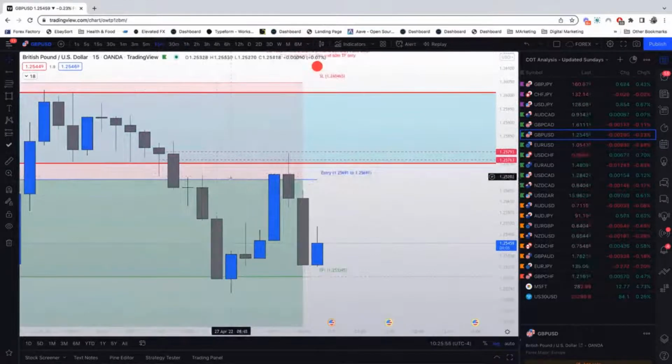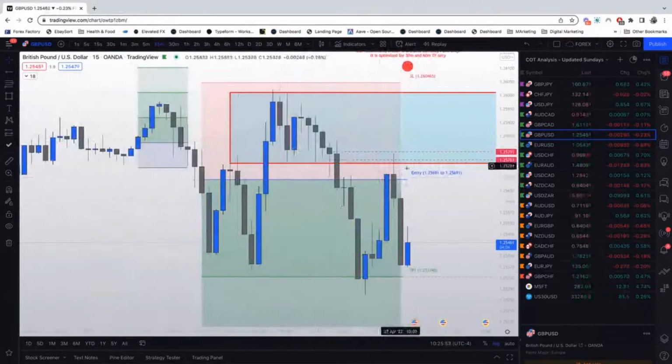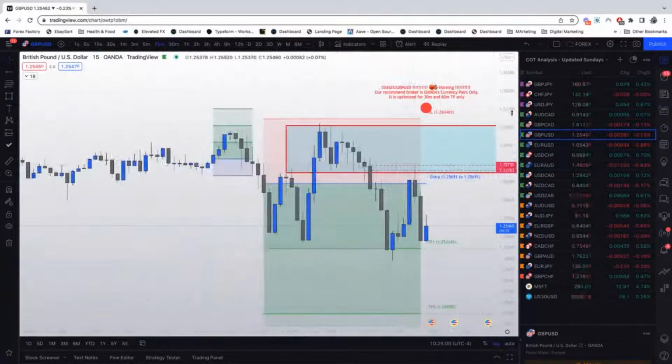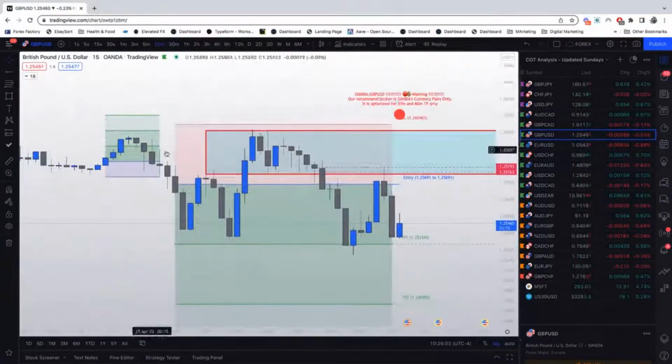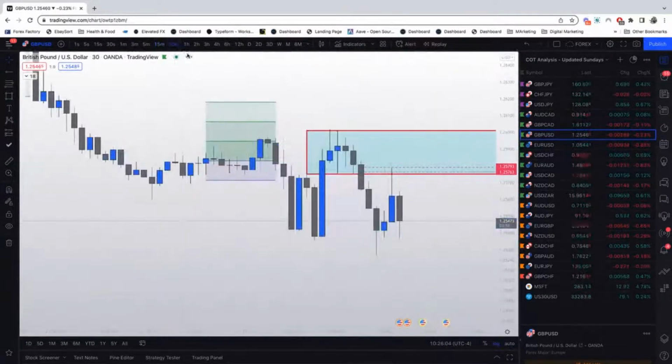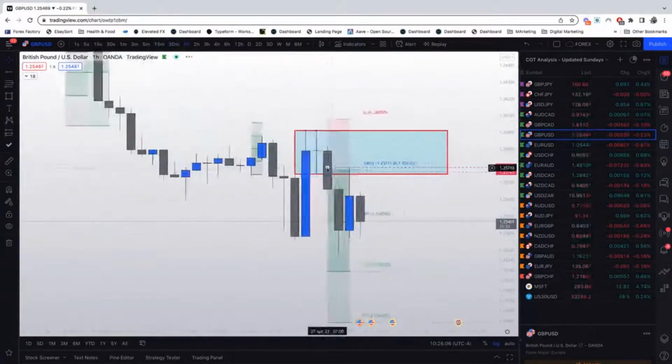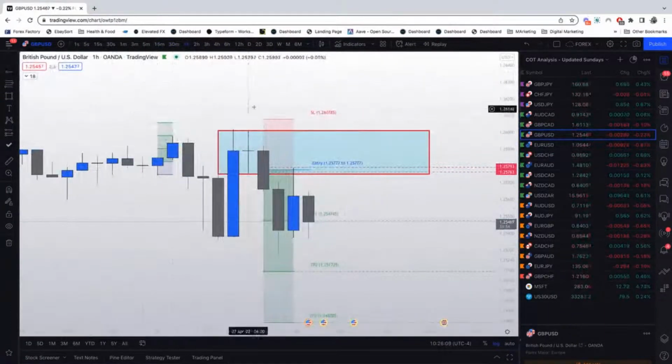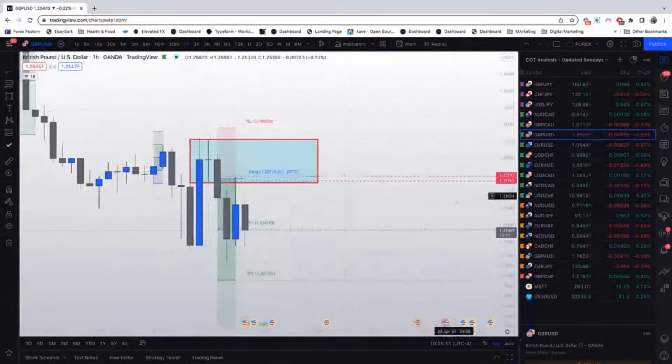So now you as a trader get to come in here and actually plan a trade, take the trade, feel comfortable about it, and take profits wherever you feel comfortable based on your risk tolerance and goals.